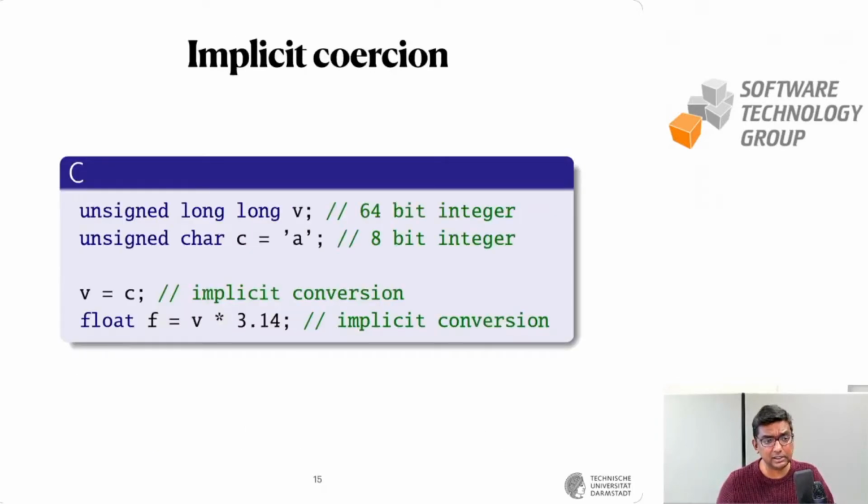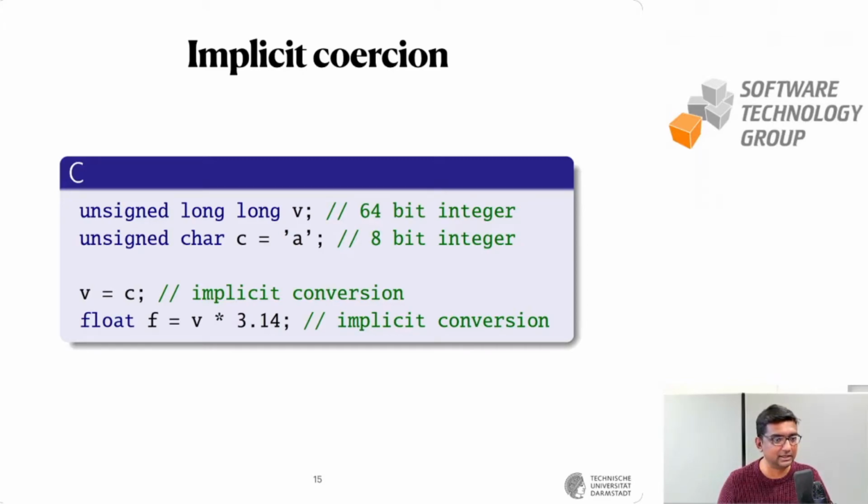The other variant of ad hoc polymorphism is implicit coercion, meaning you as a writer of the program don't specify how your values or functions need to be adapted to different type variants. Your language does it for you implicitly. Here is an example.